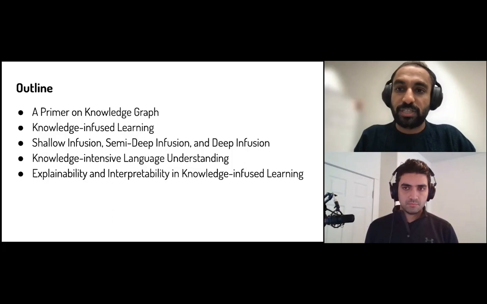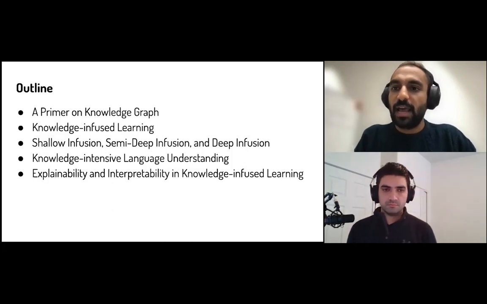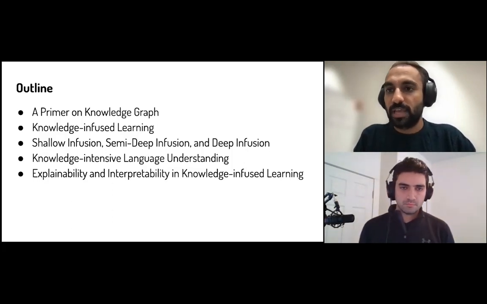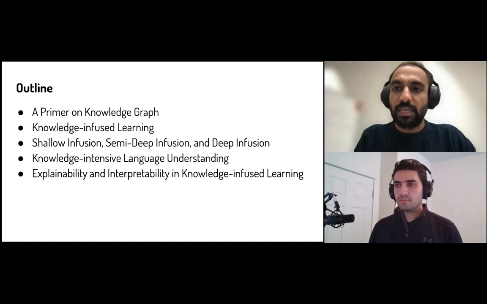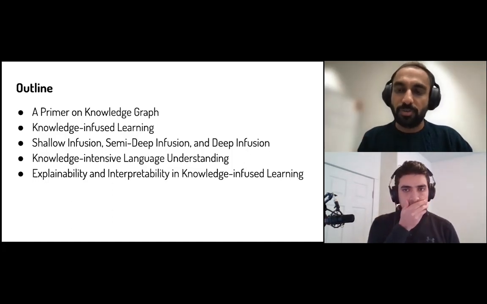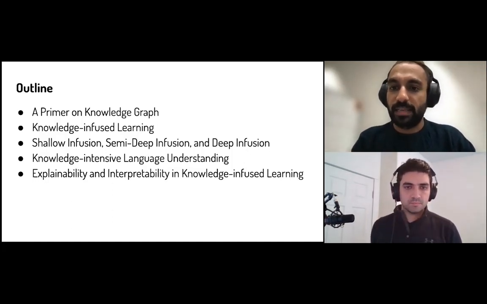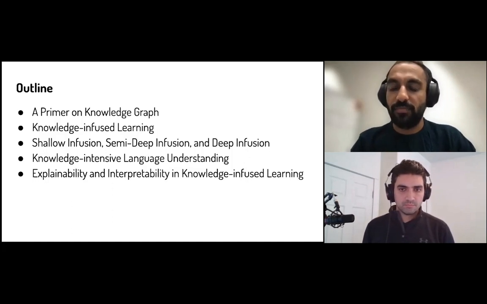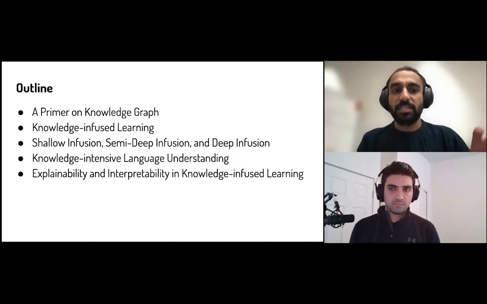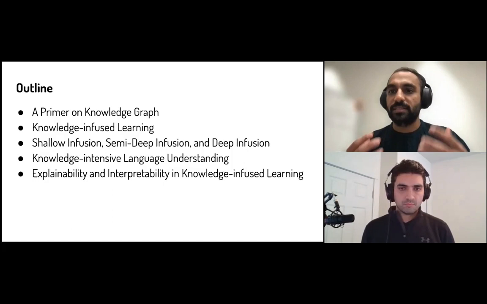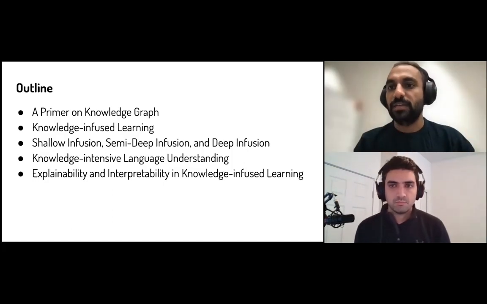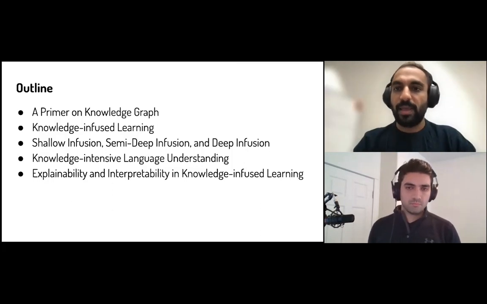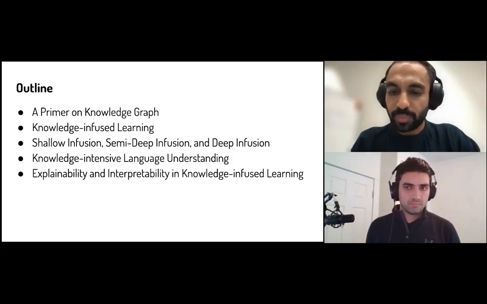They are very time consuming in my opinion, and how can the knowledge graph support those annotation efforts. In this entire presentation, I will keep talking about explainability and interpretability at its intersection with knowledge-infused learning. So the last point of my outline is kind of an assimilation across the different paradigms that I'm talking about.